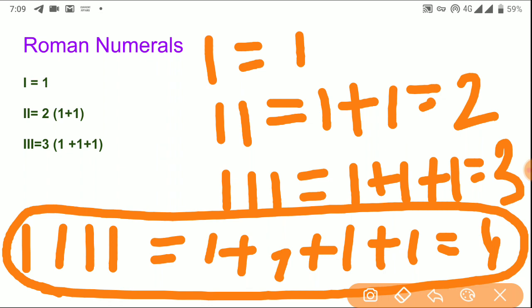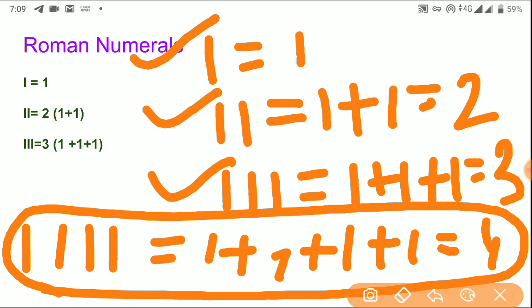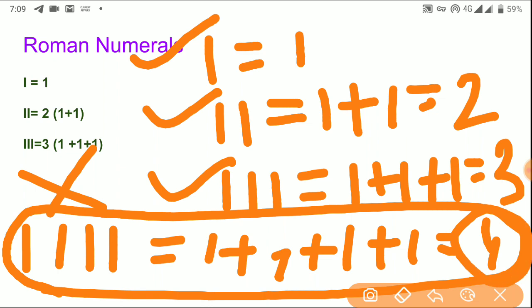So think of it, students, is it correct or not? See, this is correct, this one is also correct, this is also correct, but if you are repeating I 4 times, it will be wrong. Why is it wrong? According to the repetition rule, if any Roman numeral is repeated, we have to add all the symbols' values together for finding the total value.